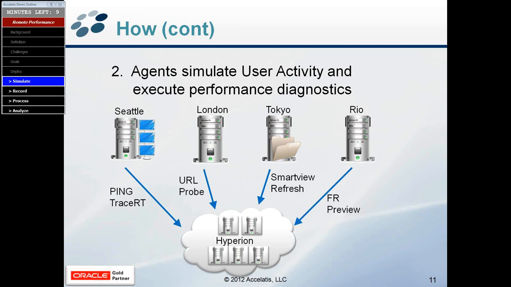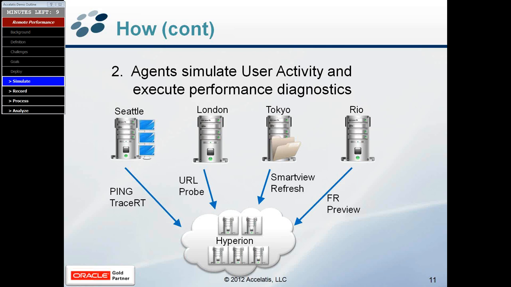So these are full synthetic transactions for Hyperion, and these include everything from financial reports to planning forms and rules, as well as Smart View through planning, interactive reporting, as well as HFM Smart View and HFM. So basically all the key tasks that users will perform via the web have all been pre-recorded and factored so that they can be used pretty much right out of the box.